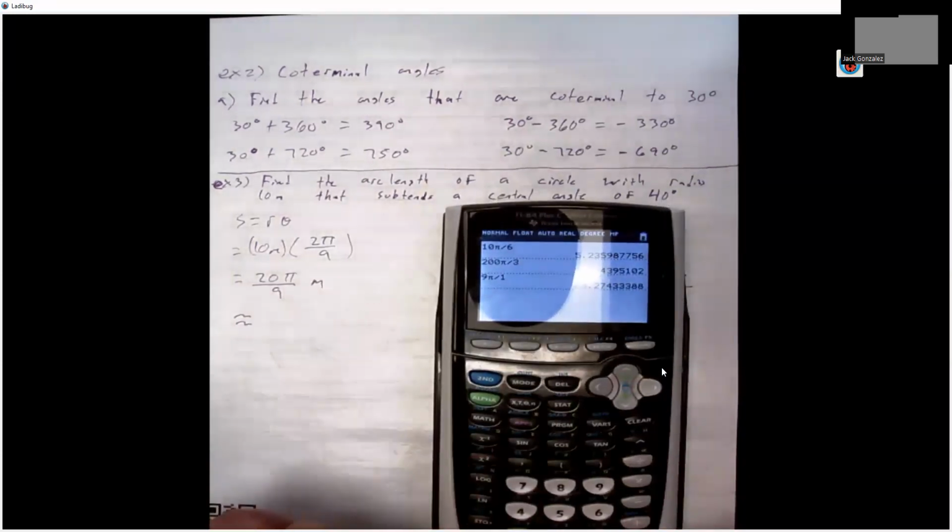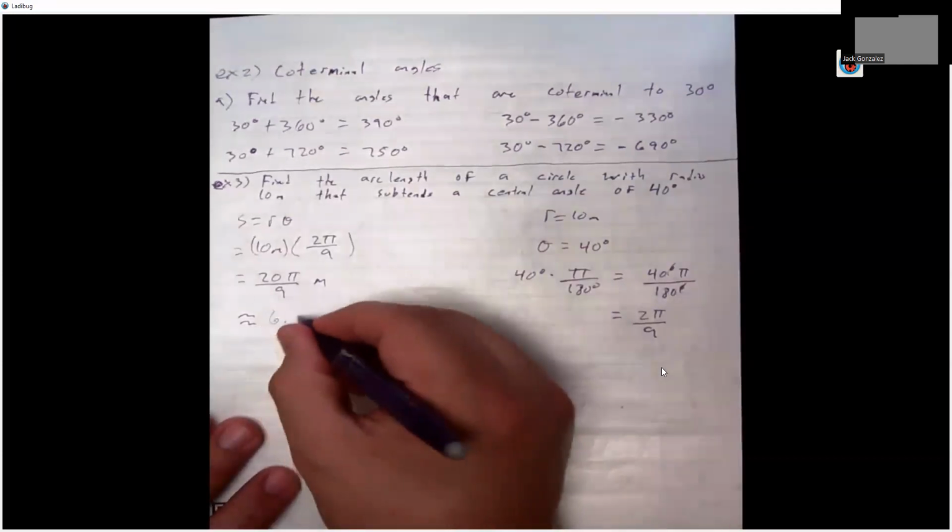Okay. 6.98. So that's the distance S of the arc. Any question on example 3?